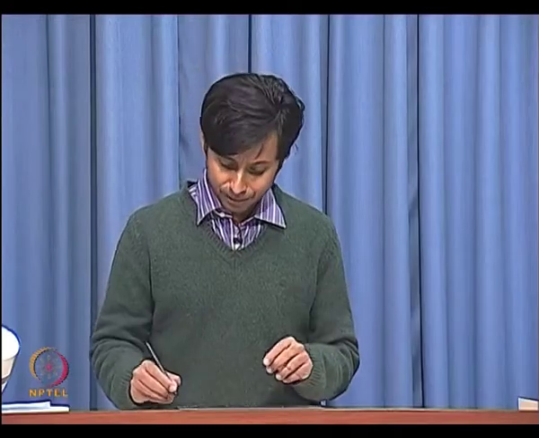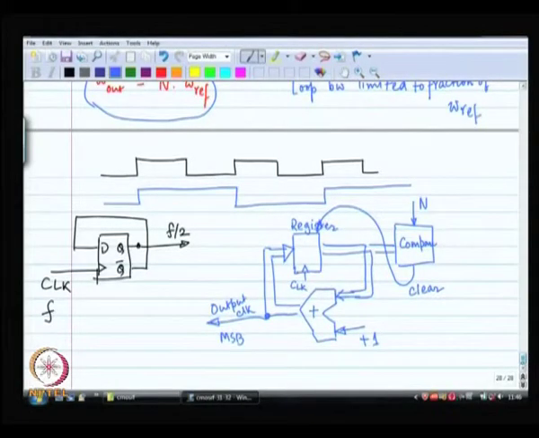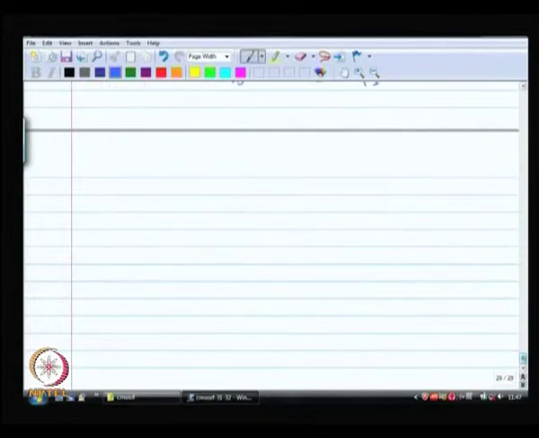So, it is conceivable to divide your clock by an arbitrary number n. Now, only thing is n has got to be an integer, that is all. Okay.